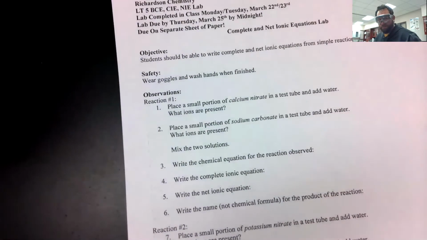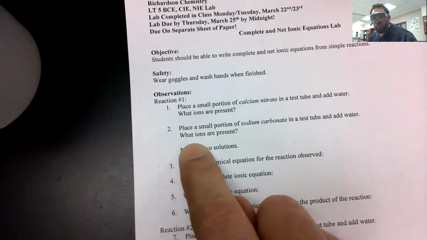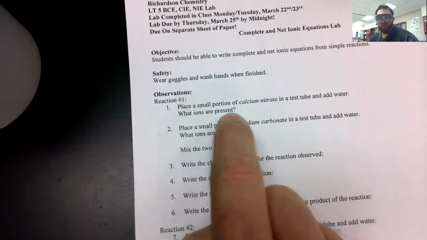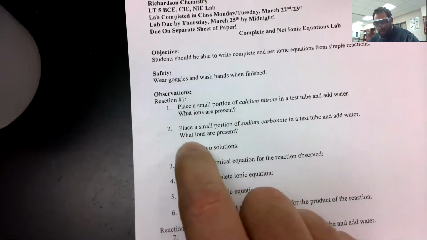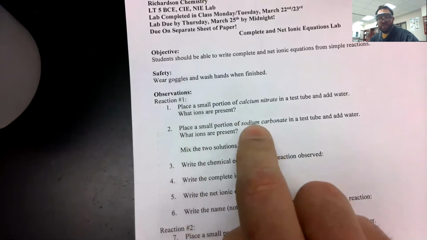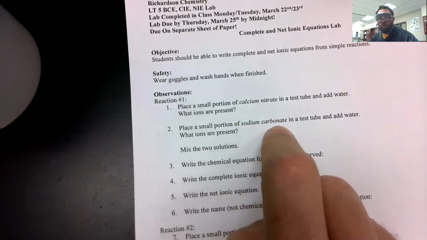Back to the lab here. So question 2, so on your paper, you've got number 1, you've answered what ions are present. On question 2, again, what ions are present in a solution of sodium carbonate?